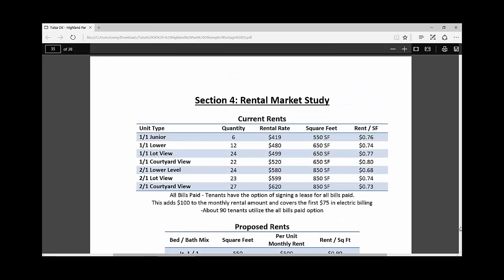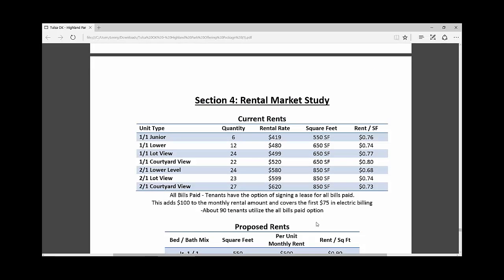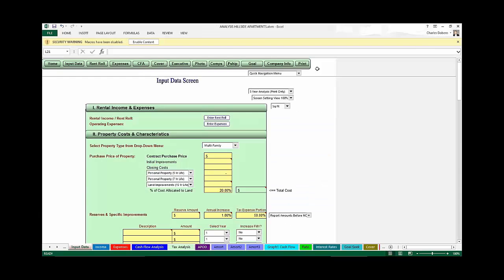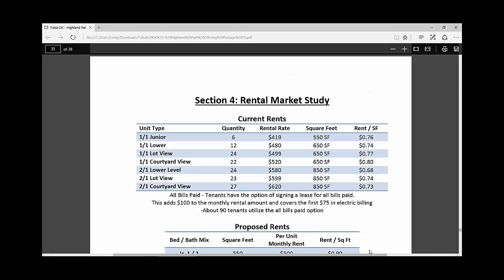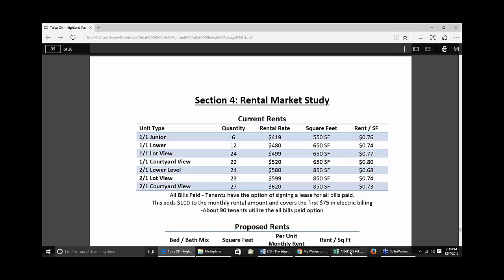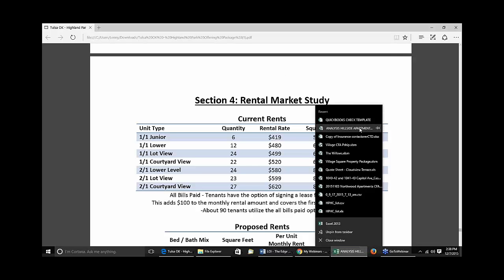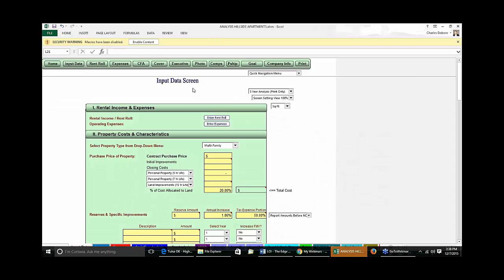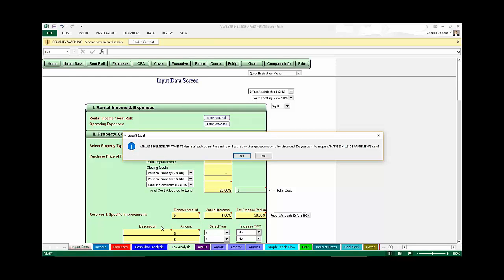Current rents. All right. So you know what? Just so that I can get through this very quickly, I am going to get this information in as quickly as I possibly can. Let me jump over here to the input data screen.